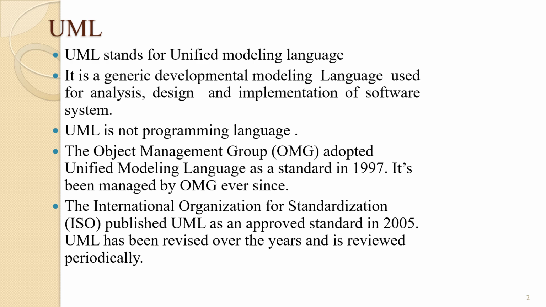In software engineering, first of all we have to design the document, then go through the coding part, and then the implementation part. These methods are used for graphical and pictorial representations and for communication among the people along with the software. The Object Management Group adopted the Unified Modeling Language.